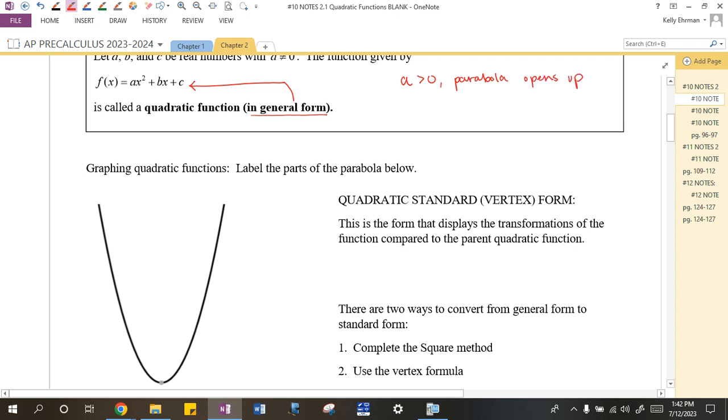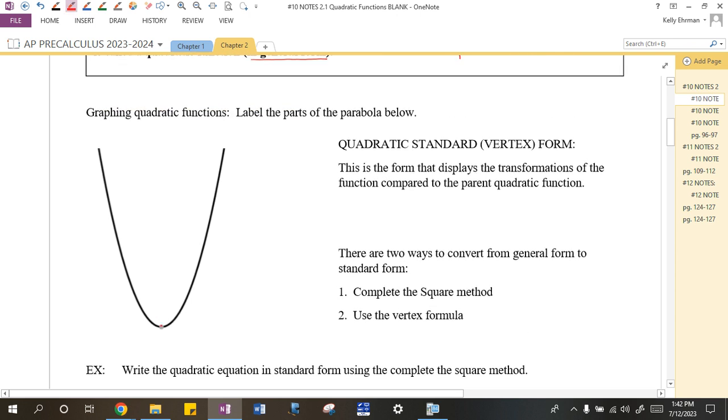Again, we kind of have already talked about this because a being greater than 0 versus a less than 0, and x-axis reflection dictates whether we're opening up or down. So if a is less than 0, the parabola opens down.